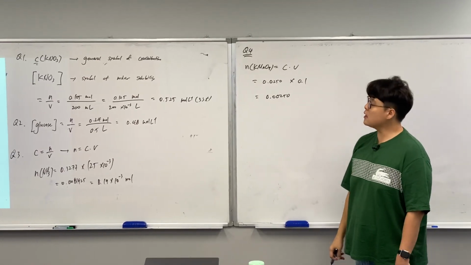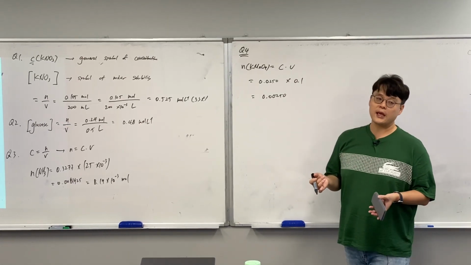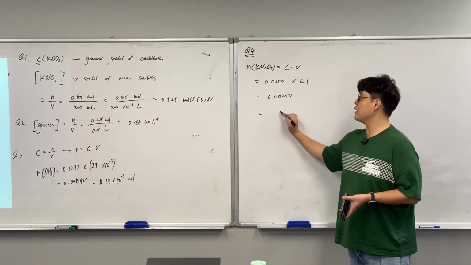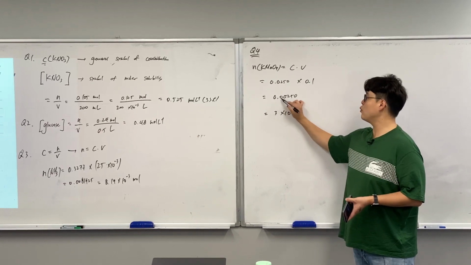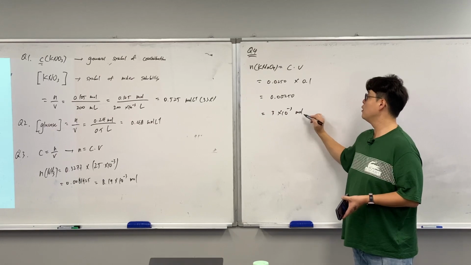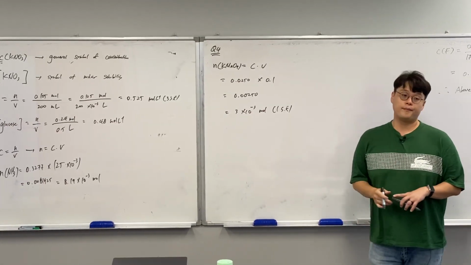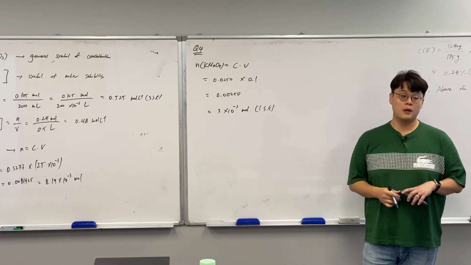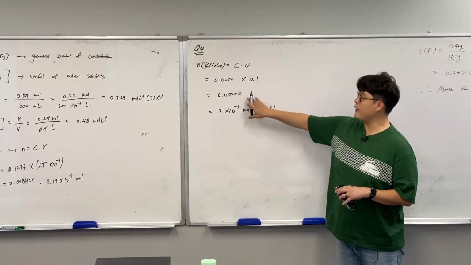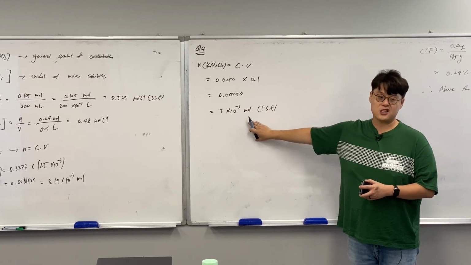But given the sig figs, 100 mL is actually 1 sig fig. So even though we really hate to write that, this is the same as 3 times 10 to the power of minus 3 mole. It's the 1 sig fig value. What I recommend is to show that exact value and then change that to the sig fig value, just in case.